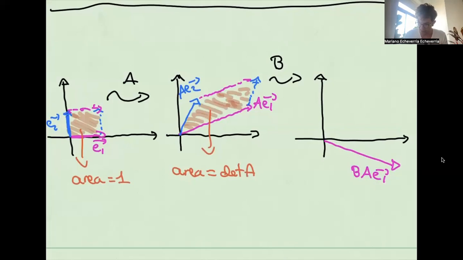And then you can multiply this other vector by B, and I don't know where it would land. I'm just trying to make a picture that's easy to draw.